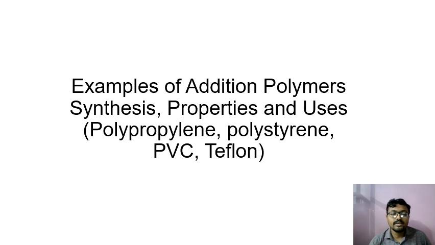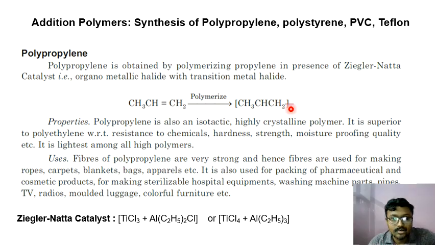Okay, now we have to give examples of polymers. First, we will give examples of addition polymers. In addition polymers, we will discuss these important polymers: polypropylene, polystyrene, PVC, and Teflon. Four important polymers. So, what is an addition polymer? We have seen that addition polymer means there will be an alkene molecule, a double bond, an unsaturated molecule.